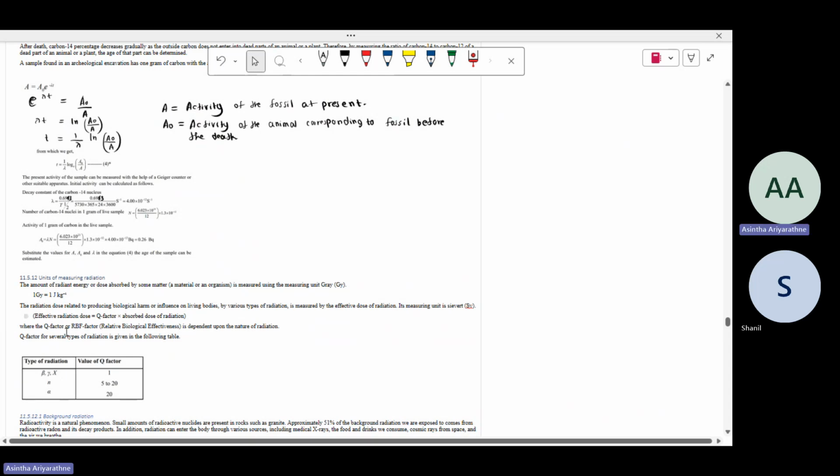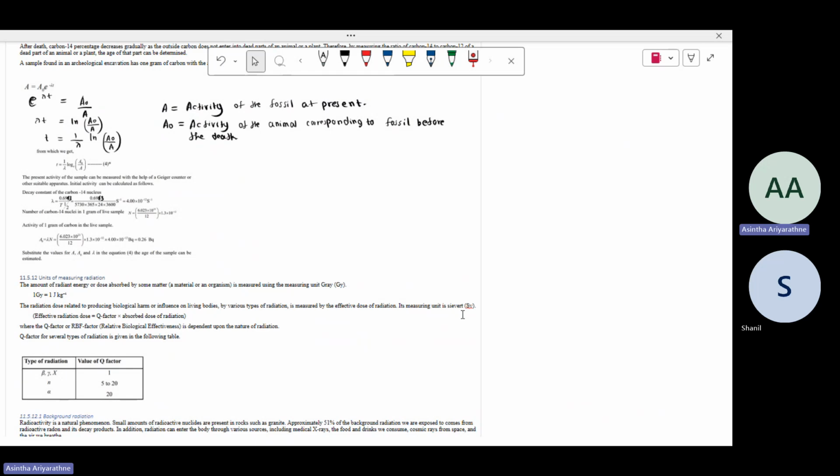And there is another unit called sievert, Sv. Gray resembles the total amount of absorbed energy.